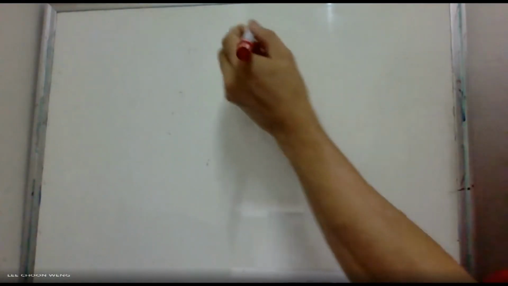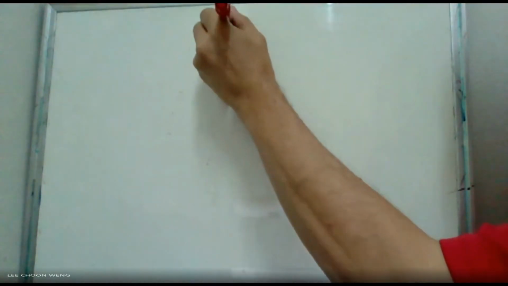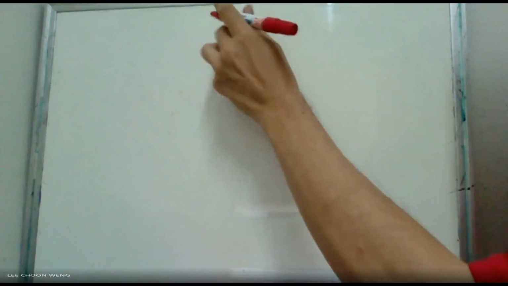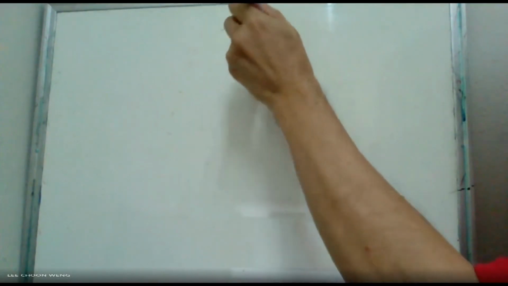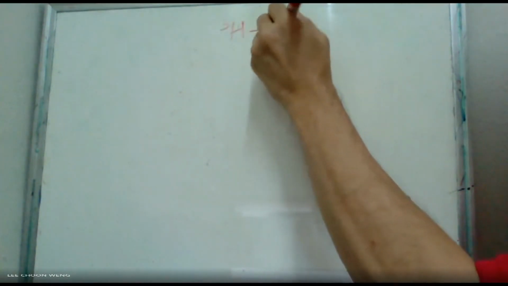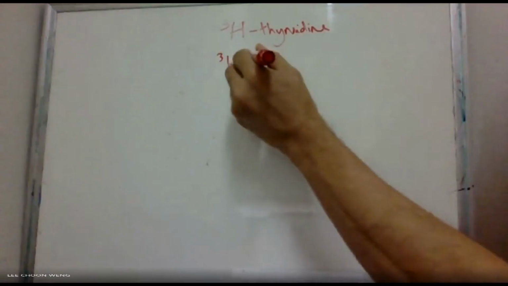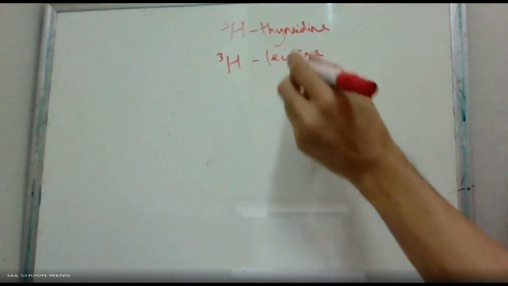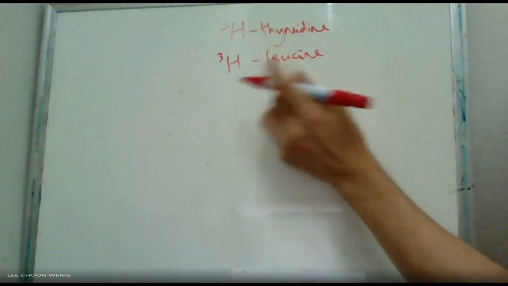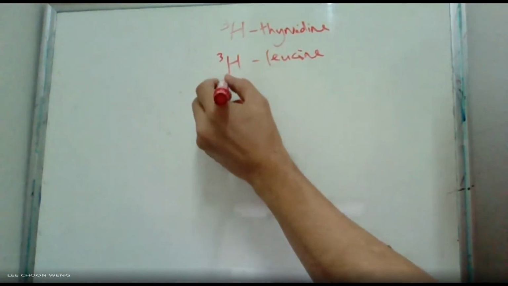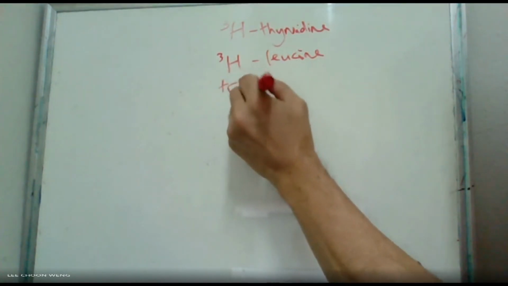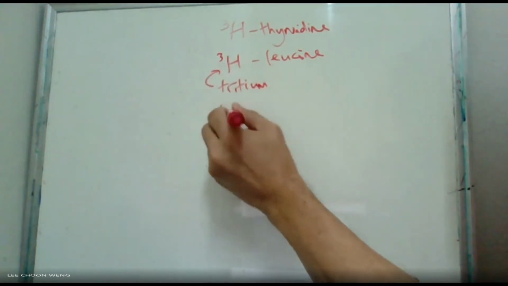So you need something more sensitive. What they used was tritiated thymidine, and also tritiated leucine. These are radioisotopes using tritium, that's why they call it tritiated.